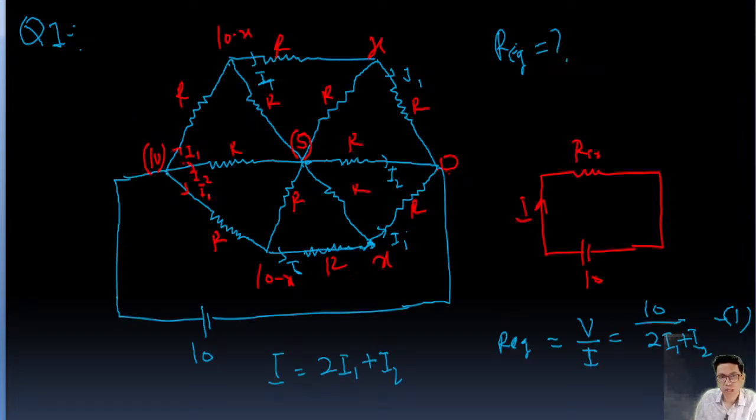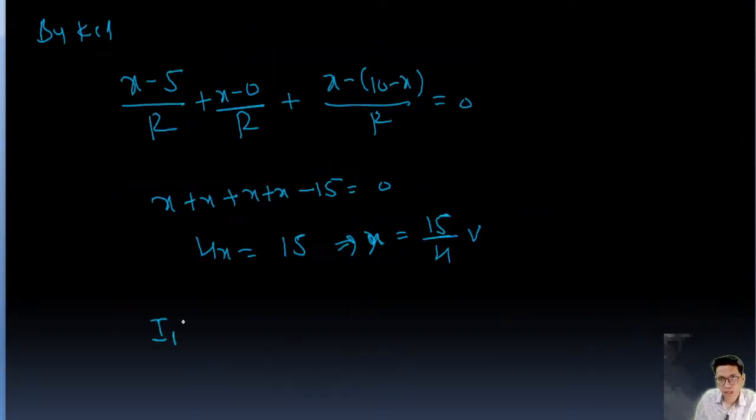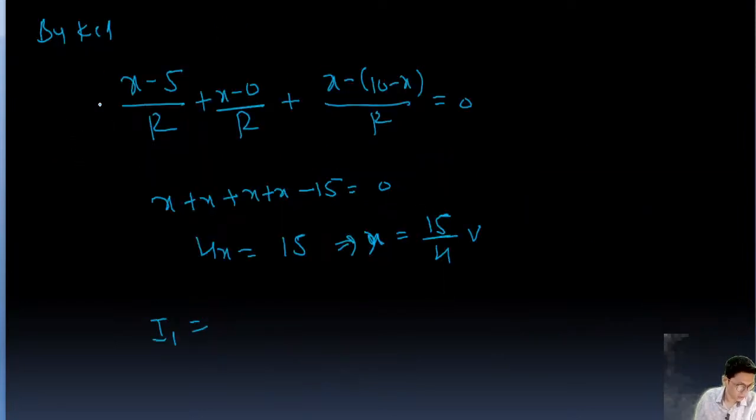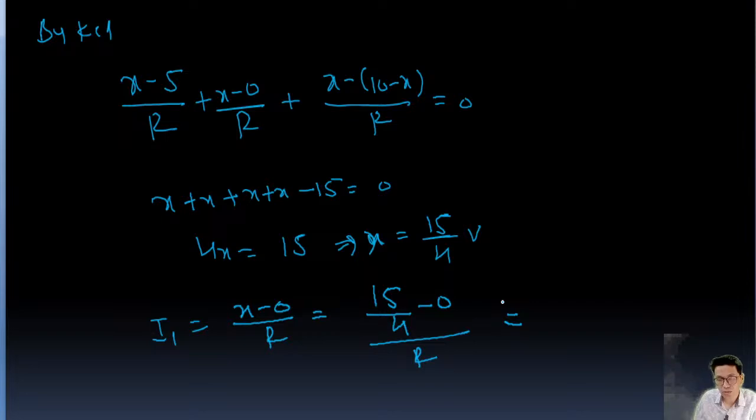I1 is potential difference upon resistance, so x minus 0 upon R, and with x equal to 15 upon 4, this is 15 upon 4R.